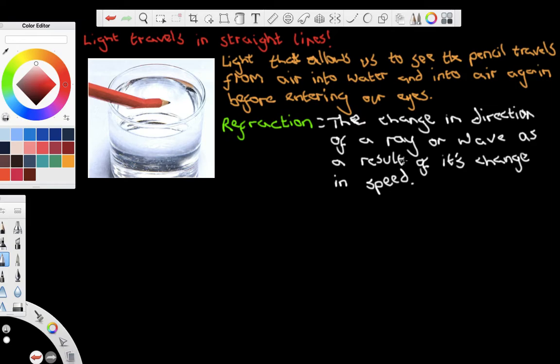So refraction is the change in direction of a ray or wave as a result of its change in speed. If we wanted to put that in plain English, refraction causes light to bend.